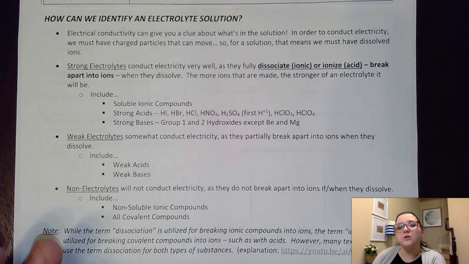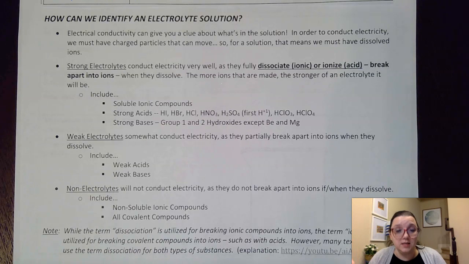But technically, when we're talking about an acid, acids are somewhere in between being ionic and covalent. They are covalently bonded in their structure, but they do split into ions when they dissolve. And being in that middle ground, we actually give them their own special term.